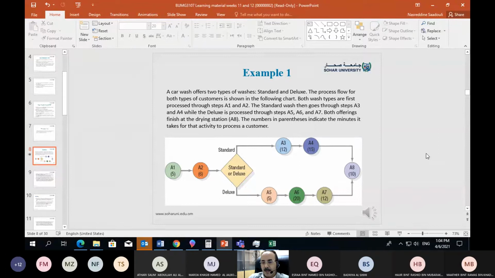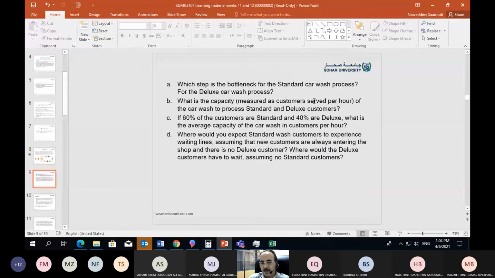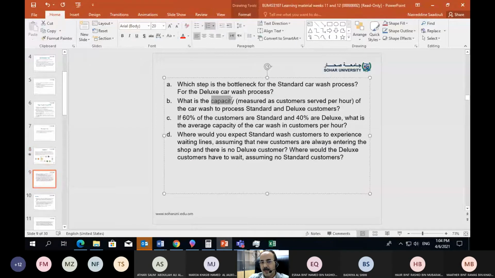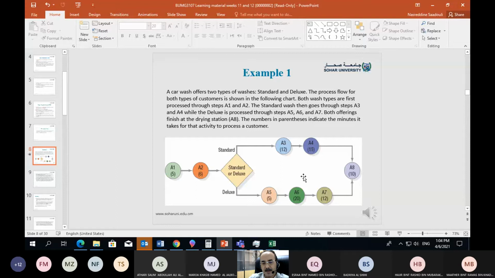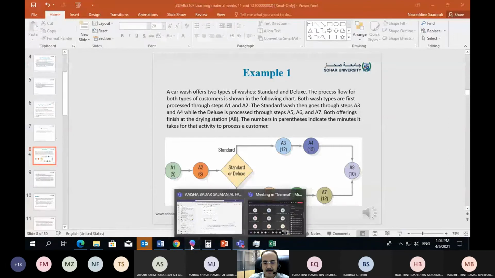Okay. How do I determine the capacity from the bottleneck processing time? Well, since the bottleneck processing time is the time between two consecutive finished products coming out of the system, then what this means is the following.